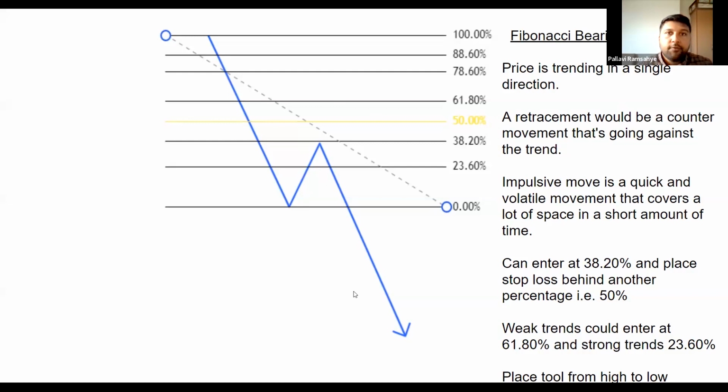For example, if we were to take a trade like this, we could enter at 38.2% and place our stop loss behind another percentage, for example, 50%. We also use previous price action to understand our entry points, our stop loss, and our TPs.